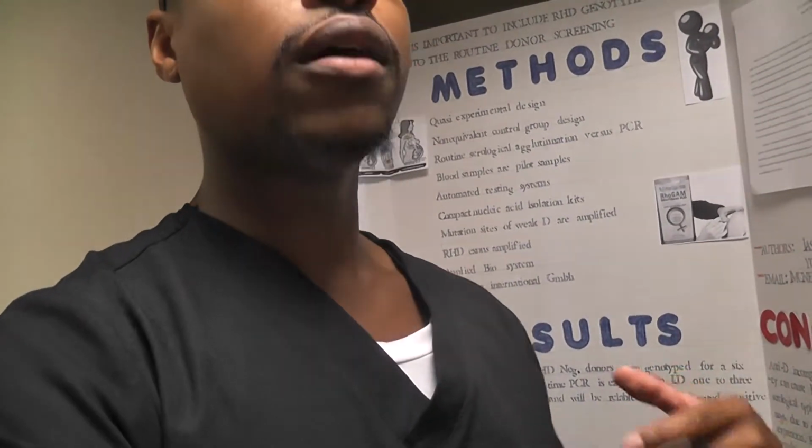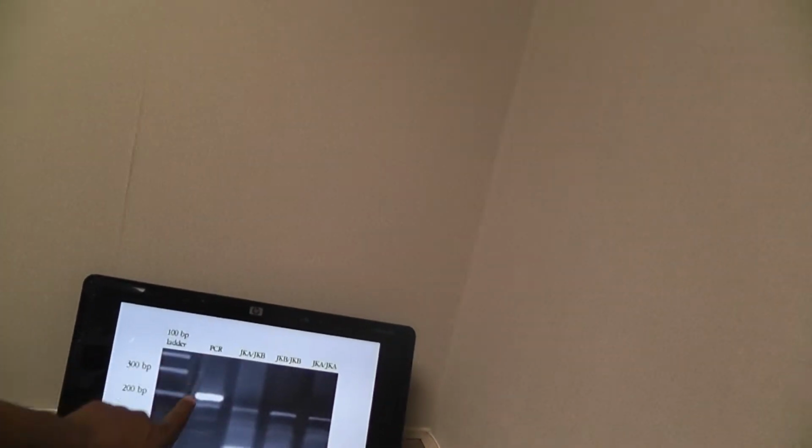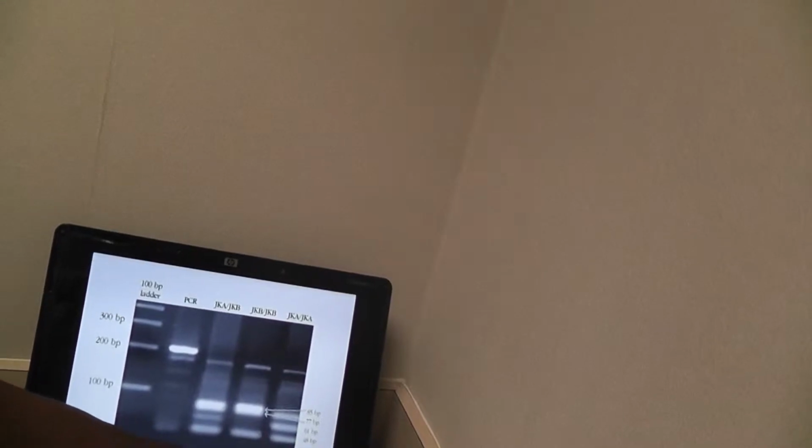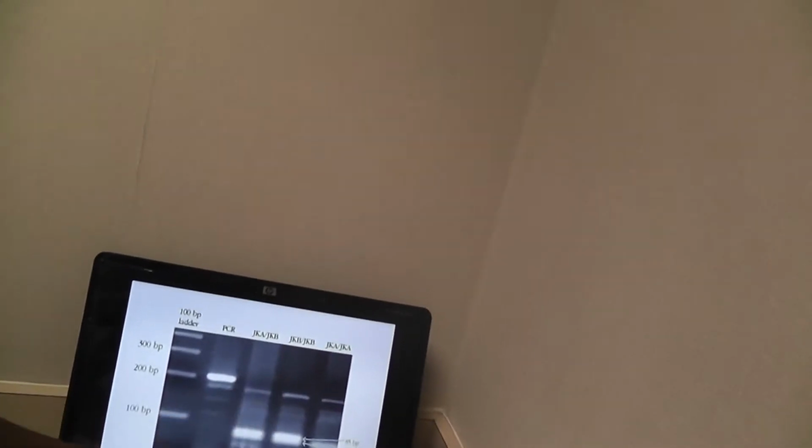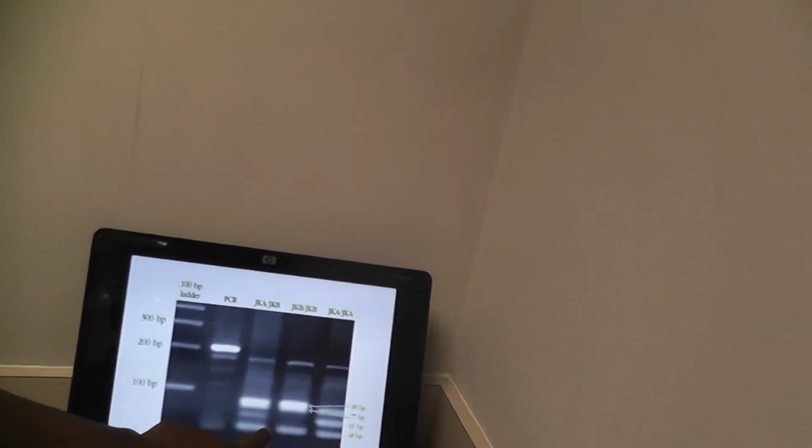Serological methods are not as good at detecting weak D because weak D is not expressed at a high enough level for current serological methods to detect it. But this is where genotyping comes into play. Genotyping is much more efficient, using PCR to identify, for example, antigens. And as you can see the bands, that's how they use it.